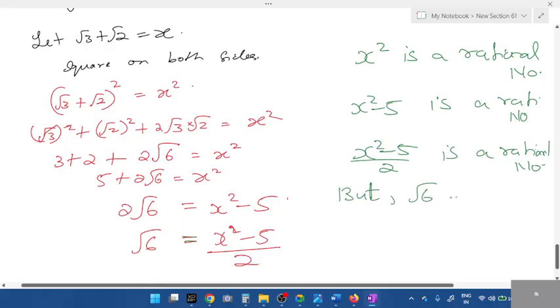No, root 6 is not a rational number. It is a non-perfect square, an irrational number. You have to write like this. Root 6 is not a perfect square, therefore it is an irrational number. Therefore, root 6 is irrational.